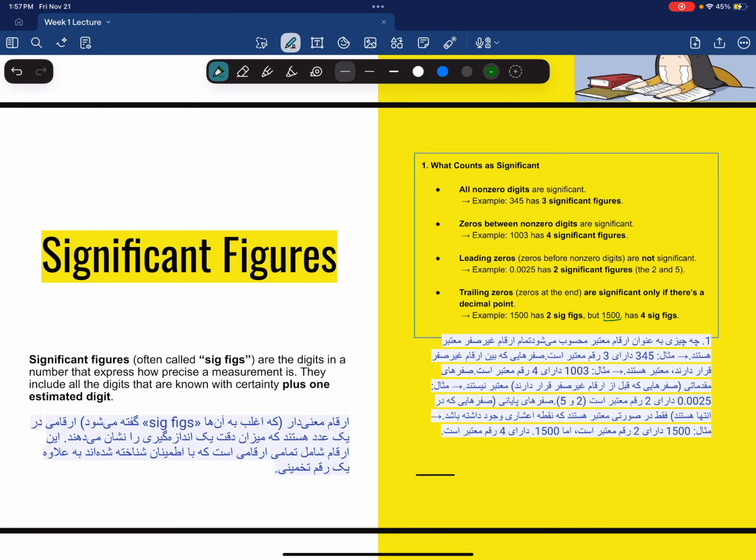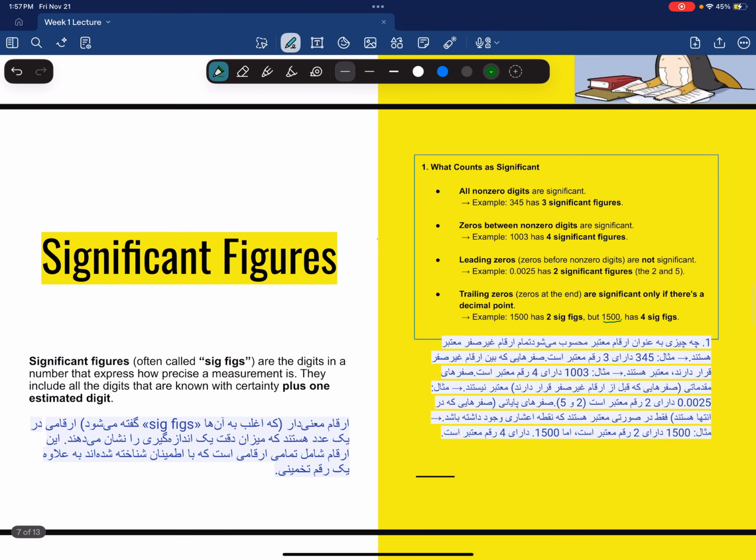So what this basically says is if we're measuring something, like how tall is this thing right over here? So we have a ruler, right? And this ruler is like 1, 2, 3, 4, 5, 6.